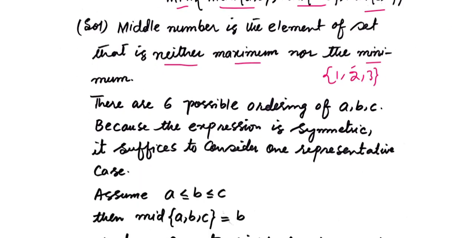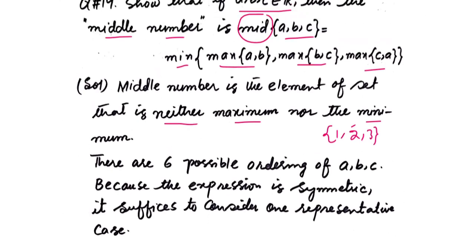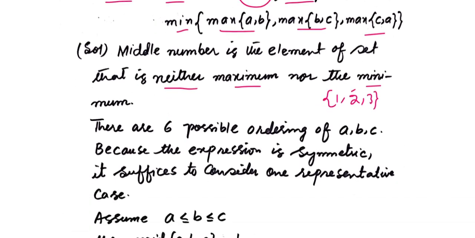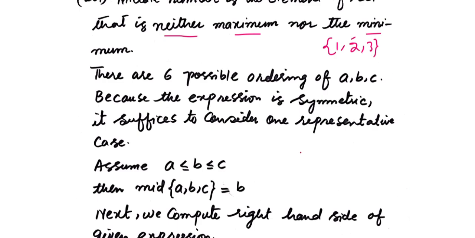So for 3 elements A, B, C, we can consider 6 possible cases. These are the 6 possible orderings of A, B, C. Because the expression is symmetric, it's sufficient to consider one representative case.